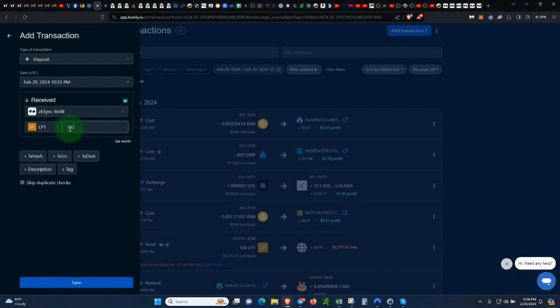I just use the number 100. It doesn't really matter. The point is Koinly can actually split up these fake LP tokens. It cannot do that with the NFT that you actually get from the exchange.